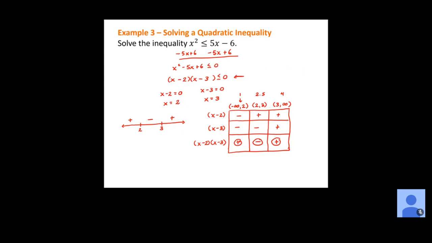Because if you look back at the inequality, we want it to be less than or equal to 0, which means that we want negative values, right? So in this case, I only care about everything right here. That's the only place that I got negative values. So what would that interval look like this time where I got negative values?